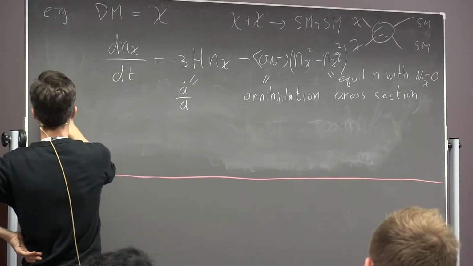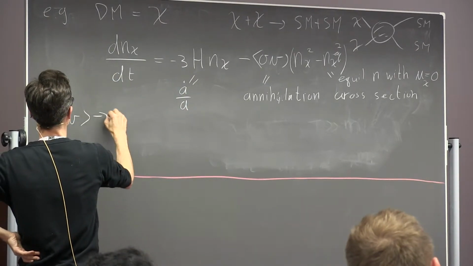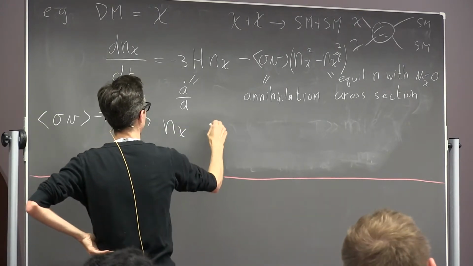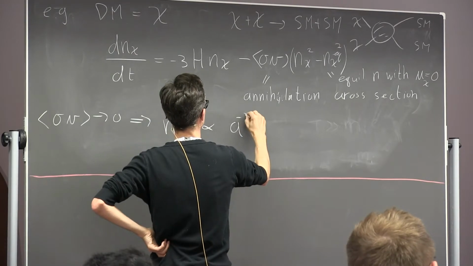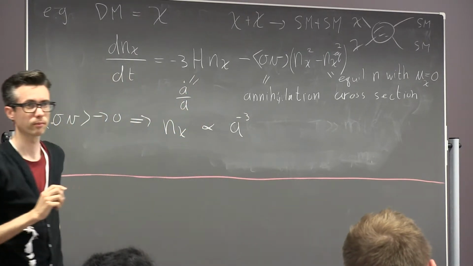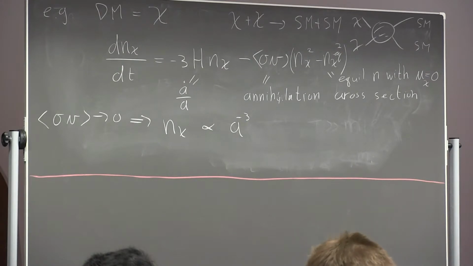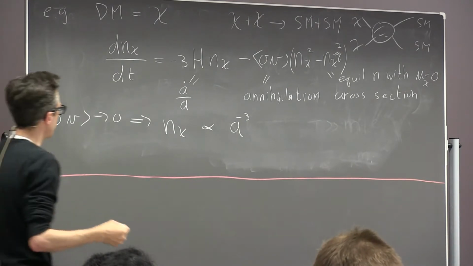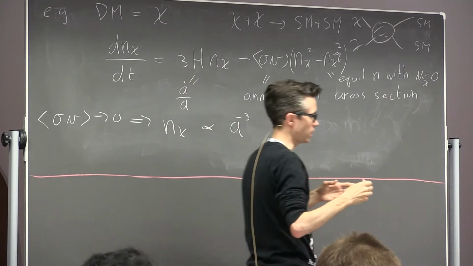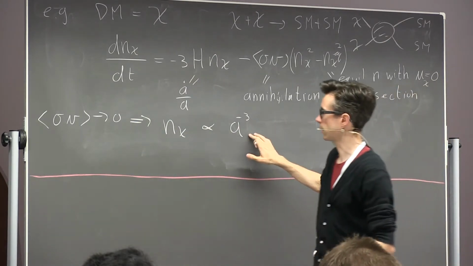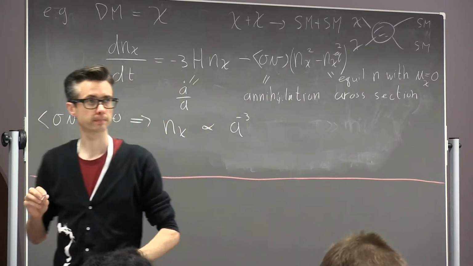This means that if sigma v goes to 0, my number density ends up evolving in time proportional to a to the minus 3. So what this is saying is if I don't have any annihilation, I don't have a way to get rid of the chi number density, and the chi number density then just dilutes with the expansion of spacetime. That's all that n chi proportional to a to the minus 3 says.